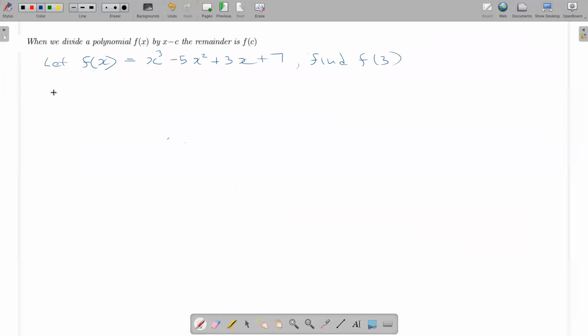Again we use that method, inside the box.